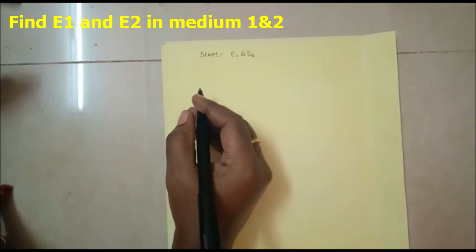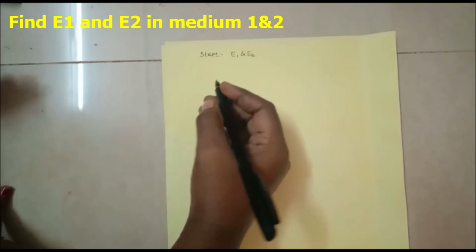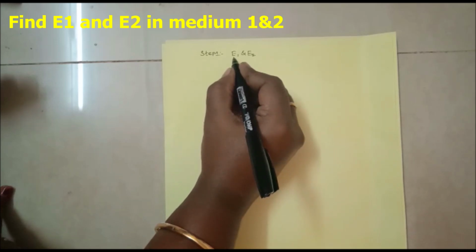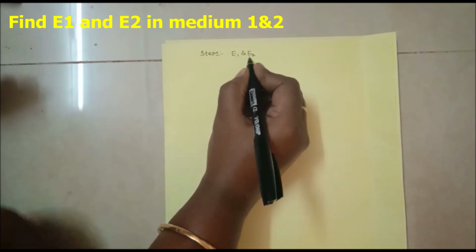Now we are going to see step 1. Step 1 is to find the electric field intensity in medium 1 and medium 2.